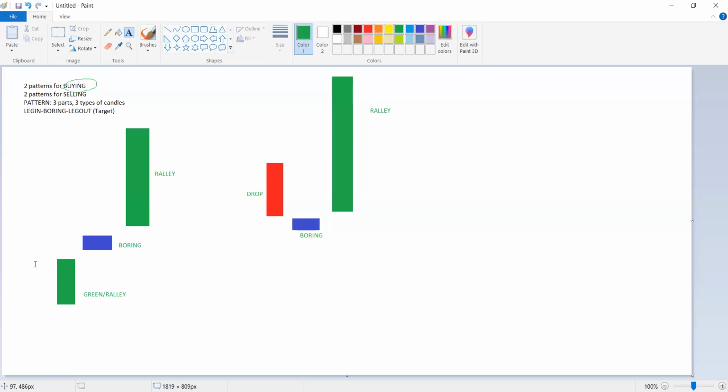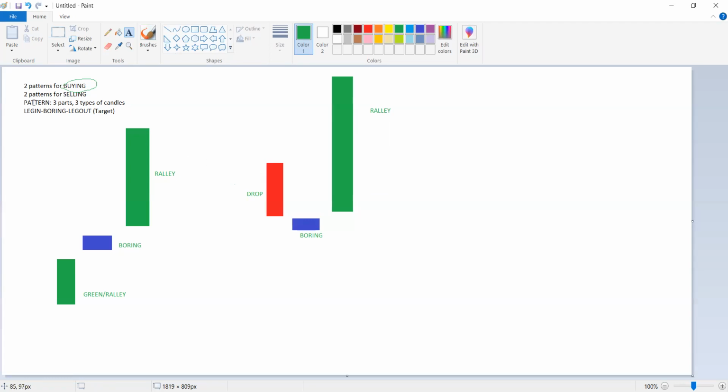Either you can get this kind of pattern or this kind of pattern, but it has to follow the proper order of leg in, boring, leg out. Clear?